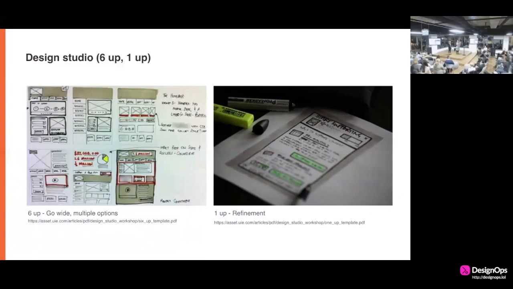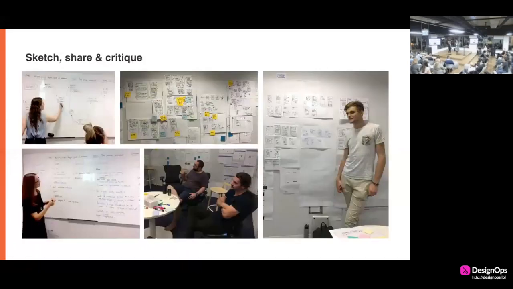In a time-boxed space, you throw out six really different ideas, and then you move that into a refined idea. And this is us in situ, sharing all of the sketches, concepts and ideas and giving critique against them back to the original design problem.